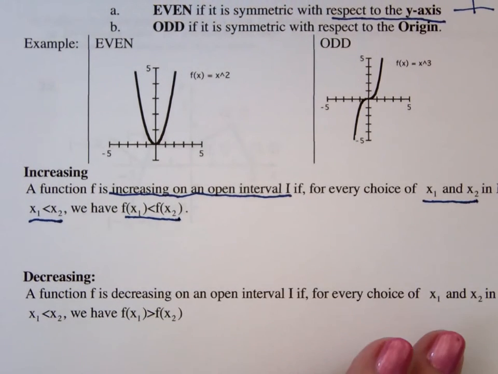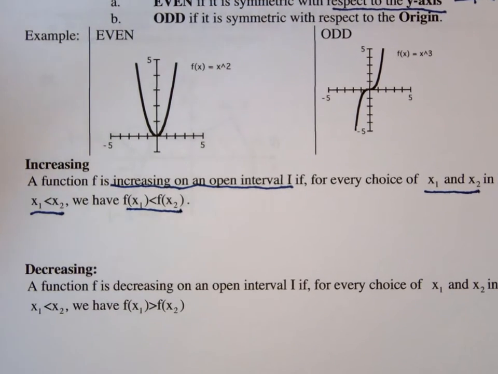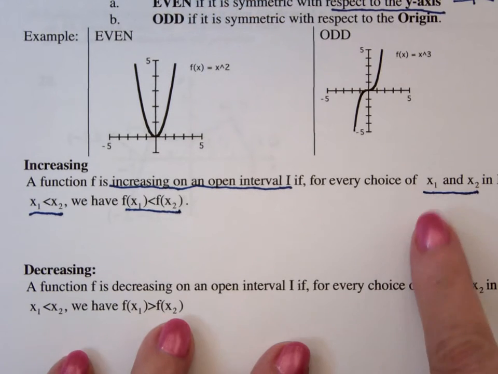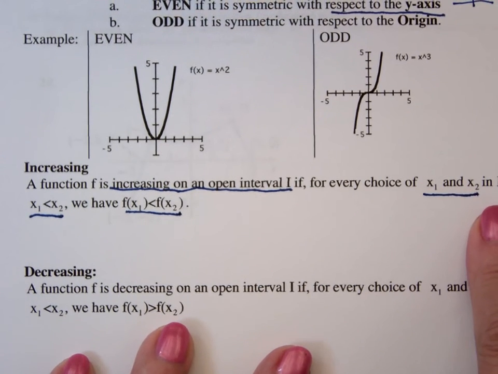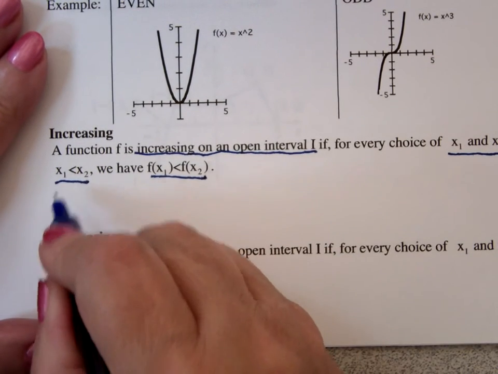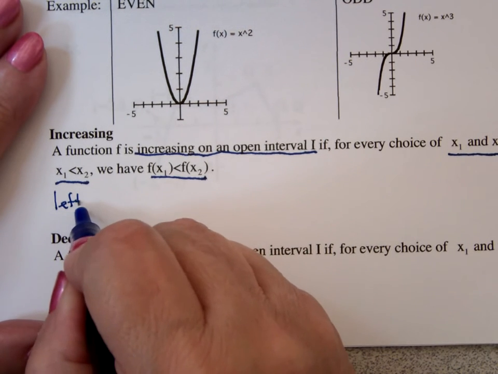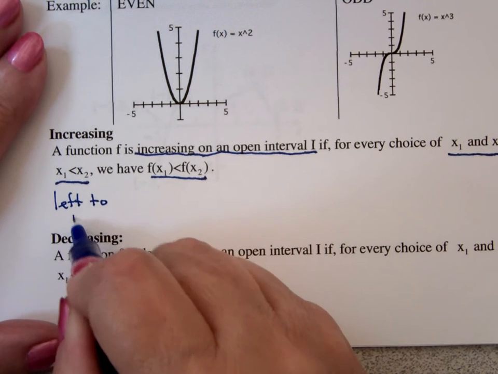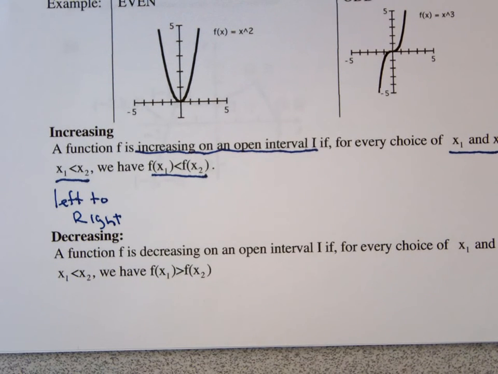Huh? Well, what is it saying? I'm picking two x values in the interval. And I'm moving from smallest to largest, left to right. So I said I'm going from left to right.